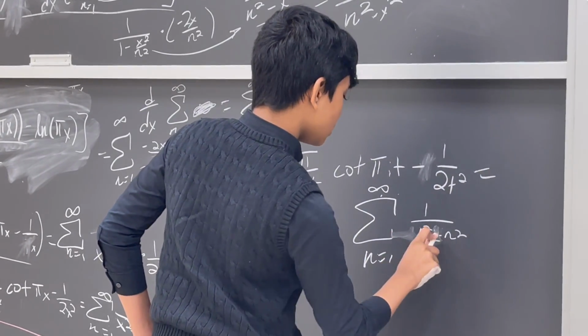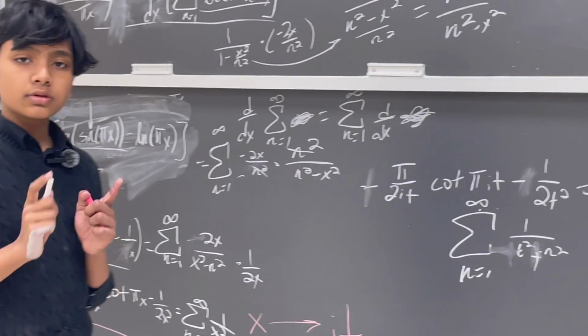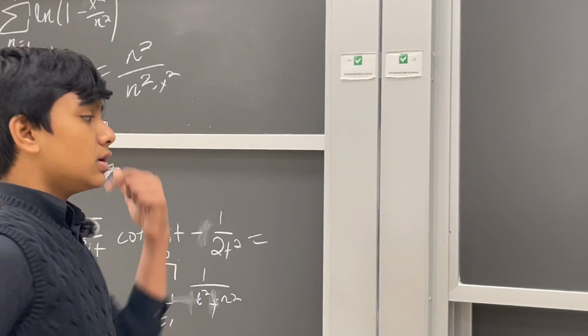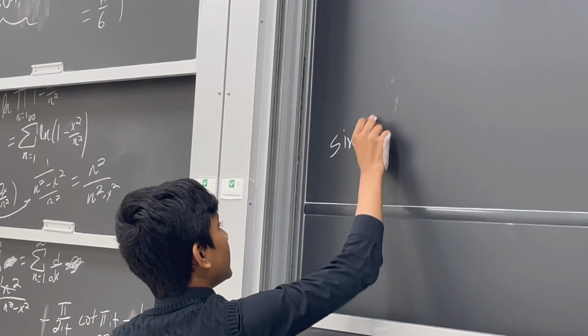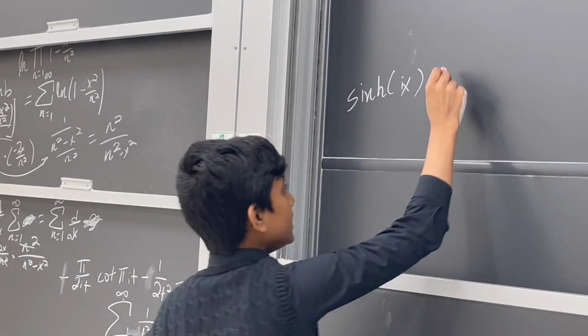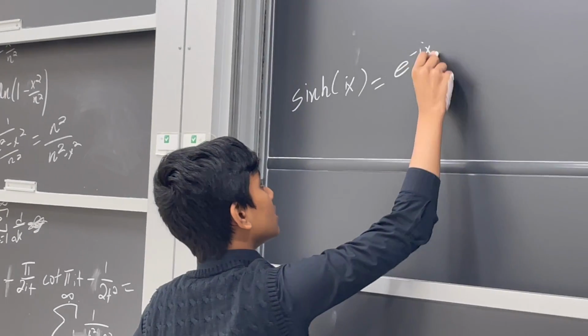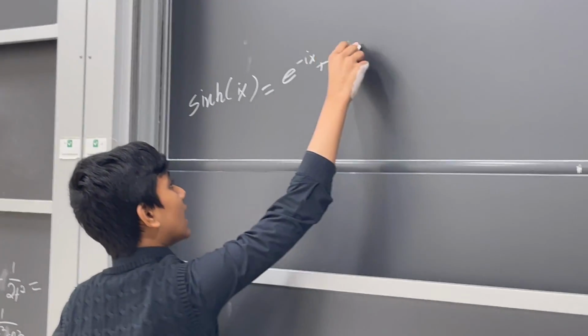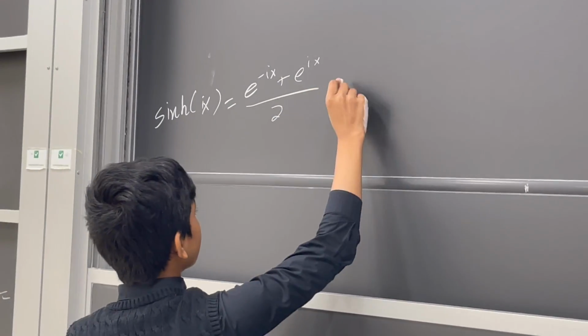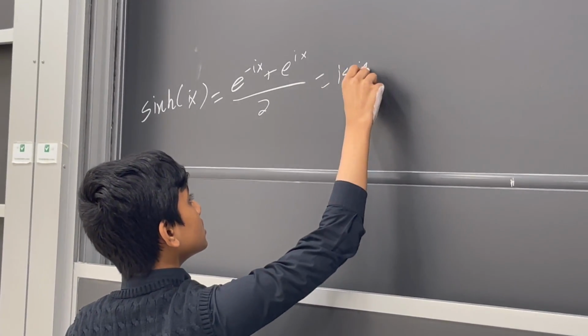So, all right. So now we're going to harness the interesting properties of hyperbolic functions. So the thing is, sine of ix is actually equal to e to the minus ix plus e to the ix divided by 2. And this is equivalent to i sine of x.